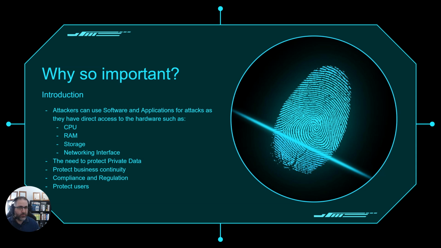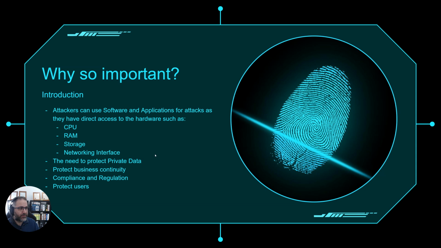If they're able to break into the code somehow, they can inject some other code, put their own little code inside it. Then they get access straight to the hardware, which means they can attack other parts of the system very easily. If they can get access to the CPU, RAM, storage, and network interface through our application, they can cause all kinds of havoc.